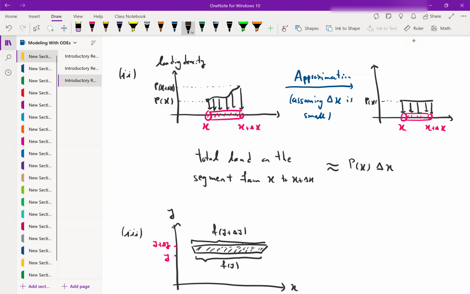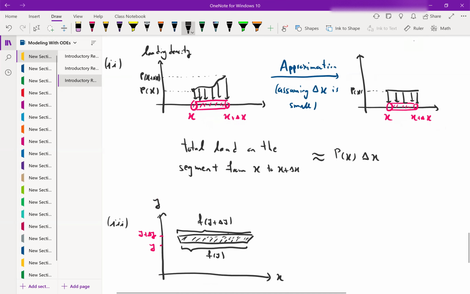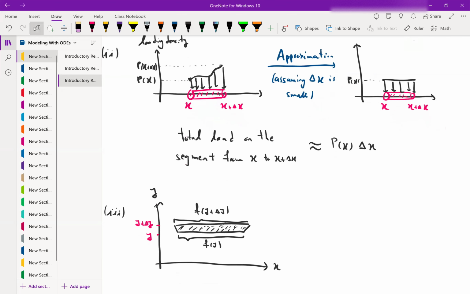Now let's say that you want to understand this area again. This shaded region is the area of interest. We can use our techniques, and these are things that you should be familiar with from your calculus courses. Assuming delta y is small, approximation, maybe ultimately you want to let delta y go to 0.